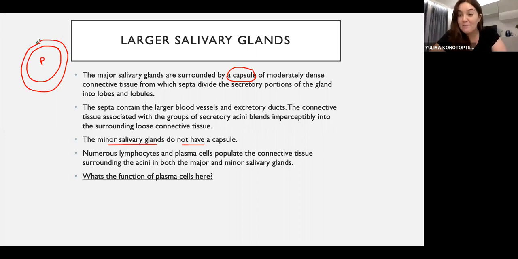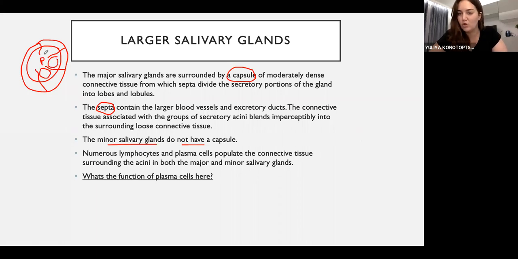And what's going to happen is that this dense connective tissue from the capsule starts to enter into your parotid. It starts to send, as we say, septa. Those septa, what are they doing to your parotid? As you can see, they're dividing it into little tiny lobules, right?